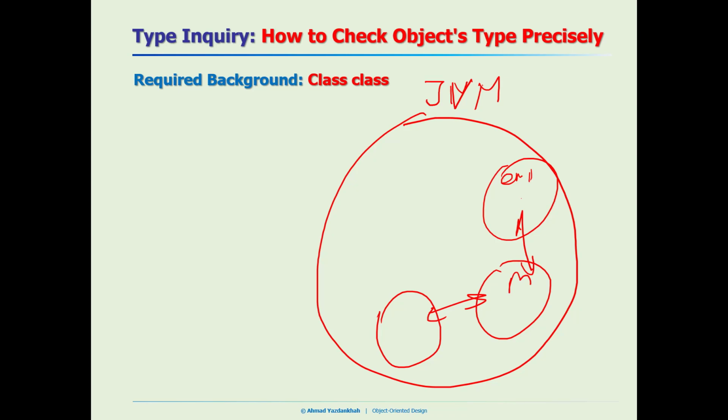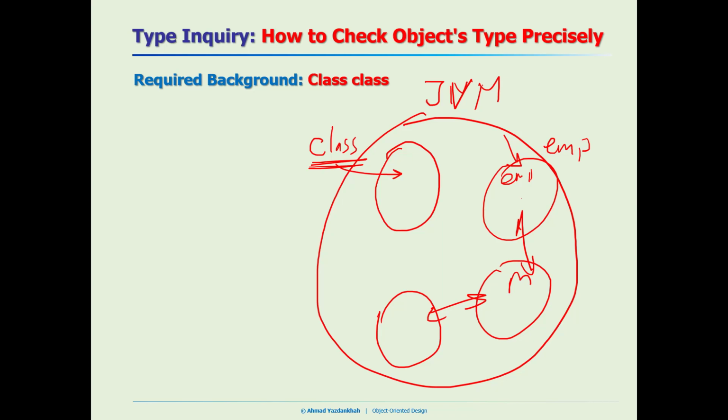So when you create an object, let's say an EMP, for example, there would be a class object. So this is a class. I wish they named it something else, but its name is class. So the class is a class really, and its object is like any other object in Java.